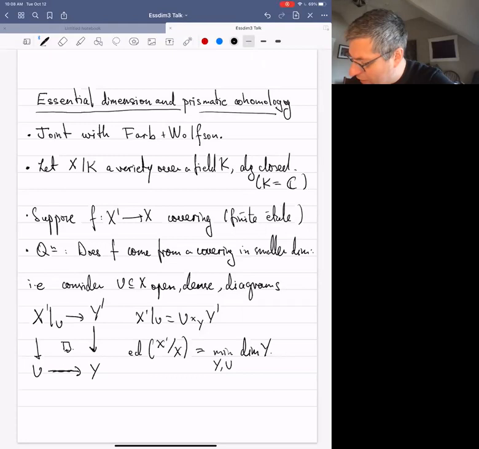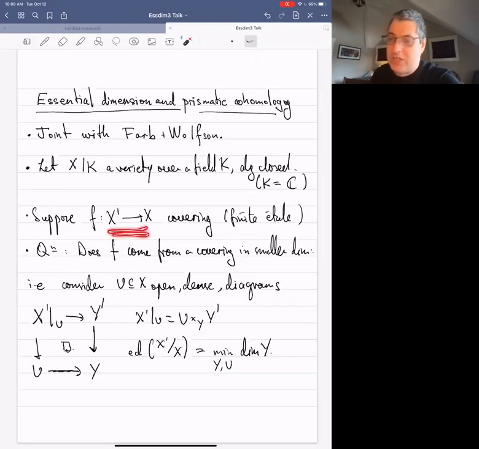One way of making such coverings is to take a covering of curves, for example, and then have some very high dimensional variety mapping to my curve, and I can pull back the covering. But that pullback covering is not really more interesting than the covering of curves, right? So we're interested in situations where, and that's what one is usually trying to prove, you have a covering and this essential dimension is just the dimension of X, right?